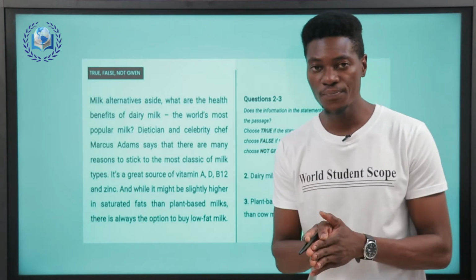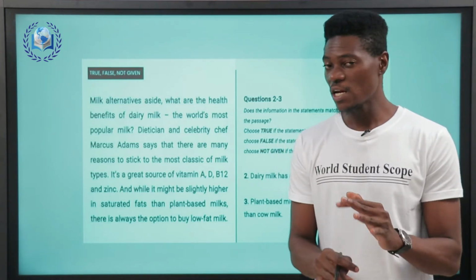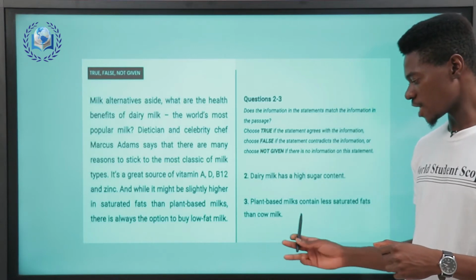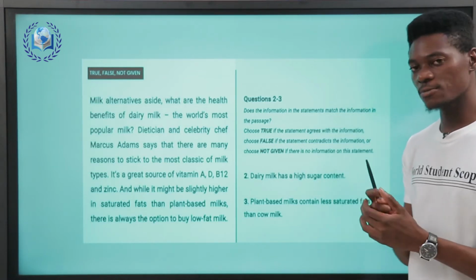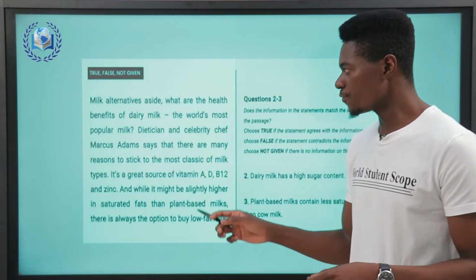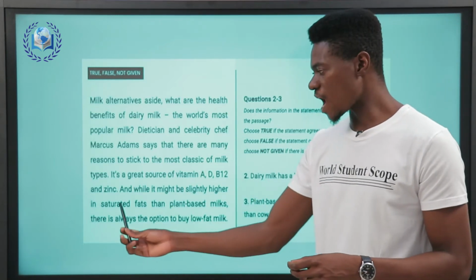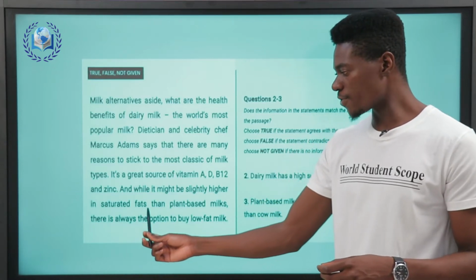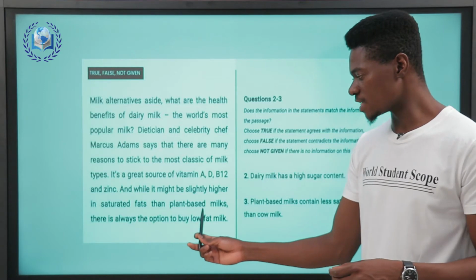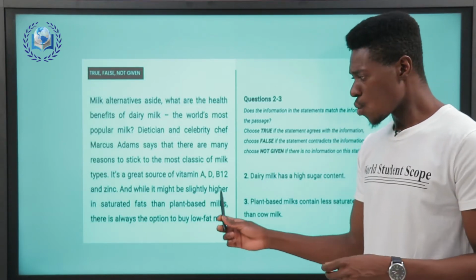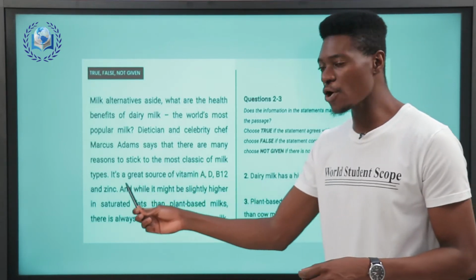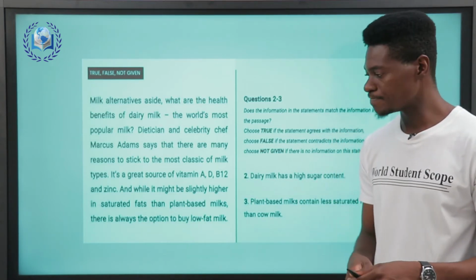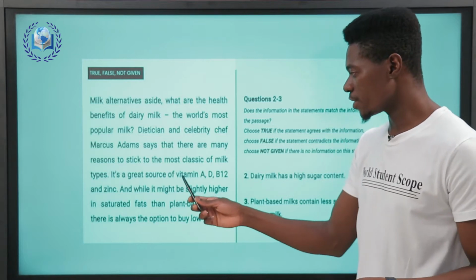Next question. Plant-based milk contains less saturated fats than cow. Is this true, is this false, or not given? Let's take a look. Our keyword will be plant-based milk. Then next, less saturated fats. If you look in the passage, you can find it here: saturated fats, plant-based milk. So we are going to concentrate on this point. Let's try to read here.